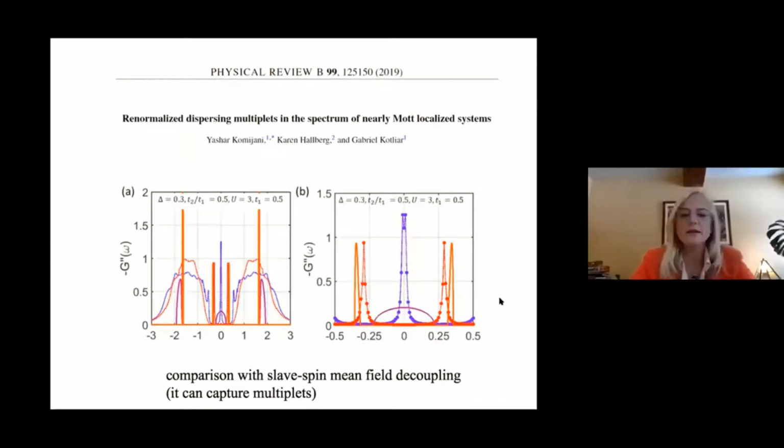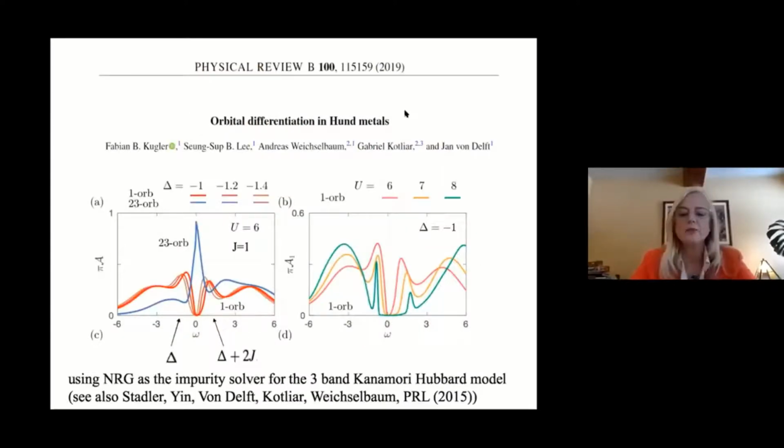Later on, last year, using numerical renormalization group as the impurity solver, Kotliar and collaborators, Weichselbaum, etc., found that in the three-band Kanamori-Hubbard model with two degenerate orbitals and a different orbital, for different values of the crystal field, they're also able to see the structure now with NRG as impurity solver.